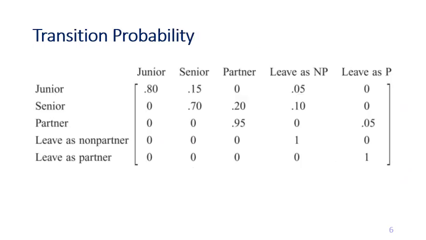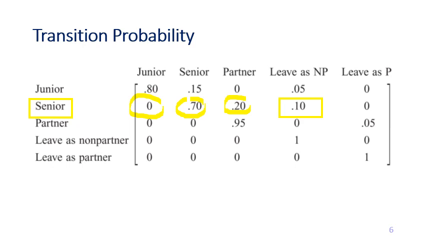Same as before, for example, if you are a senior, then you cannot go back to become a junior. You just cannot go down in your status. So if you are in the senior state, you may go up to partner, or you may stay as a senior when you begin the next year.